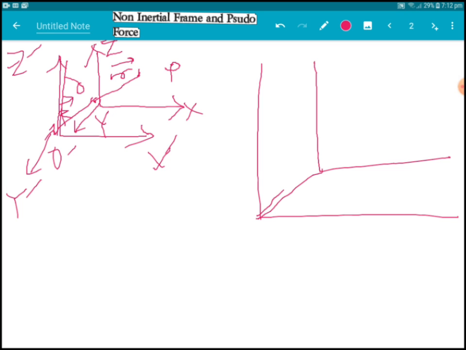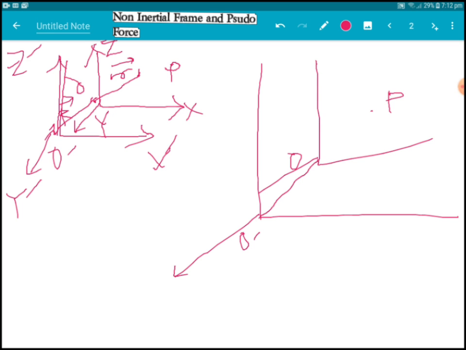Now the particle is located at point P. This is the point O, this is the point O dash, this is Y. This is the position vector of the point O with respect to the point O dash, which is the origin of the fixed frame x dash, y dash, z dash.